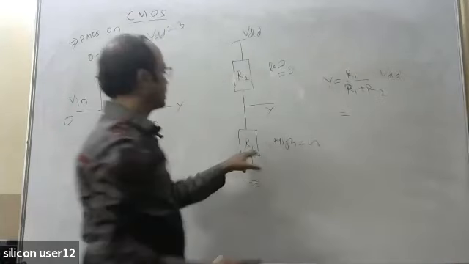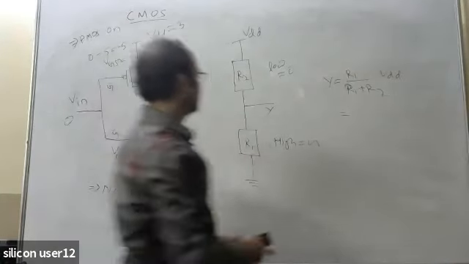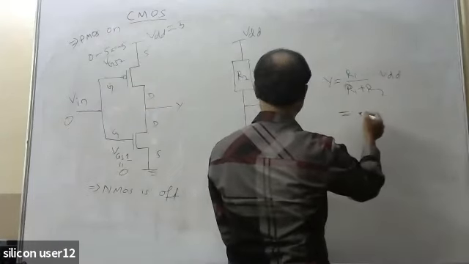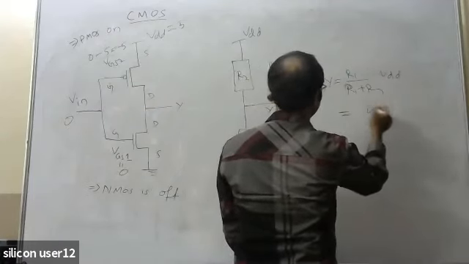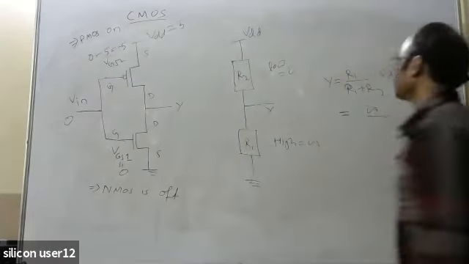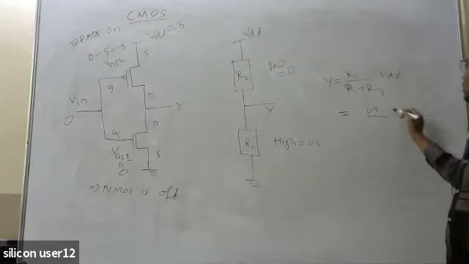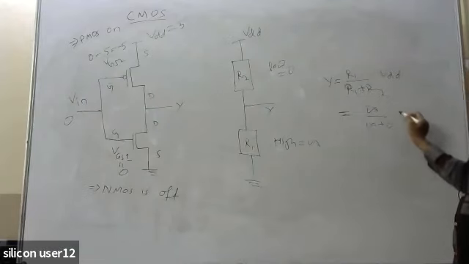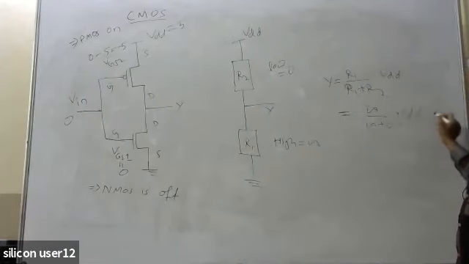Now in the case of R1 and R2, if you put it in, then it is high, or infinite, over R1 plus infinite, which is actually VDD.